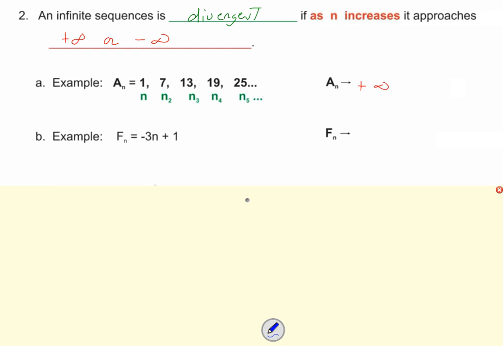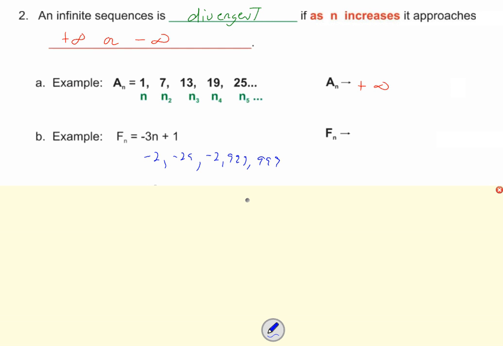So let's write some data. Stick in a 1. Somebody shout out what you get when you stick in a 1. -2. Let's stick in a 10. What do you get? -29. Let's stick in a million. What do you get? -2,999,999.